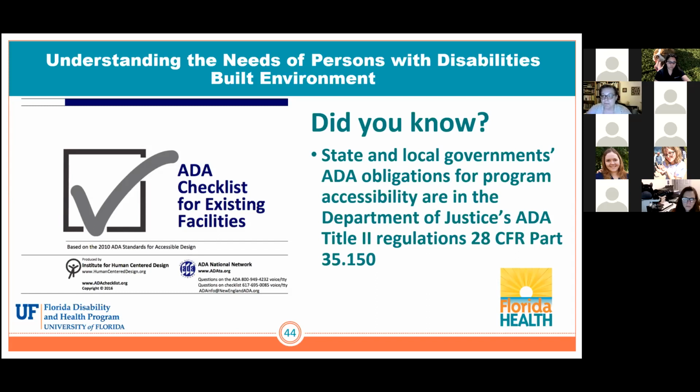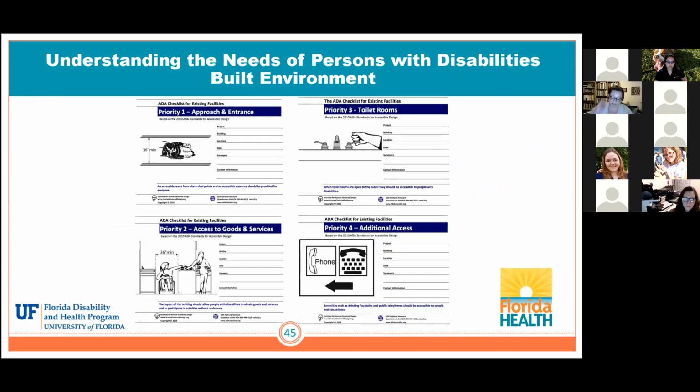It's important to remember that the ADA is a civil rights law. It's not building code. So all buildings have to have accommodations for people with disabilities in an ideal world. The ADA checklist for existing facilities is categorized into 4 priority areas.